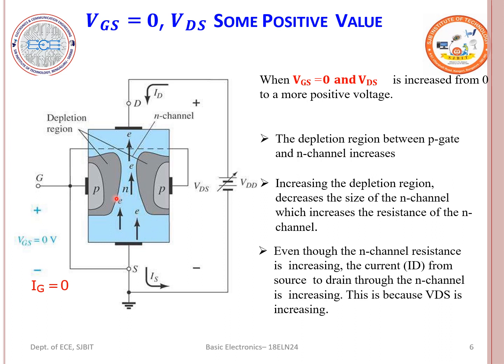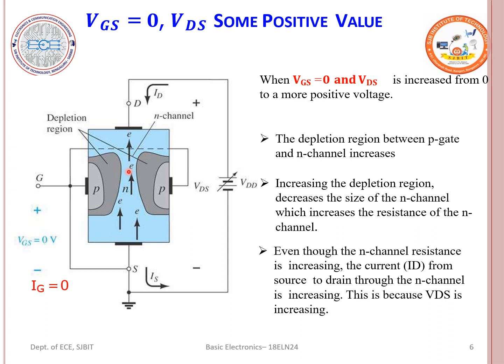Two P regions are diffused into the N-type material to form a channel, and both the P-type regions are connected internally to form the gate lead. So this is the construction of the N-channel JFET.